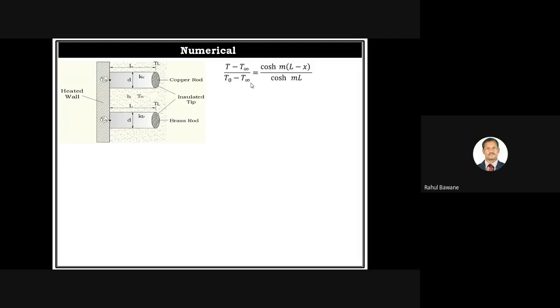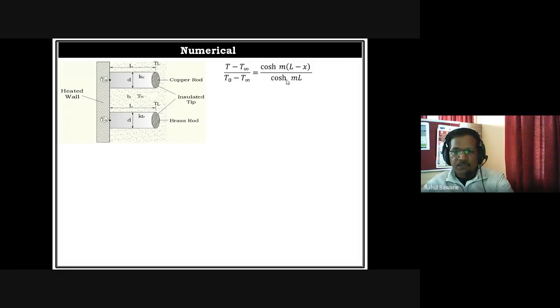So we will use the temperature form (T minus T infinity) upon (T0 minus T infinity) equals cosh m(L minus x) upon cosh mL. We are talking about temperature. If we were talking about heat transfer rate, then we would use h P k A theta 0 tanh mL. So we are talking only about temperature, using the hyperbolic cos relation.